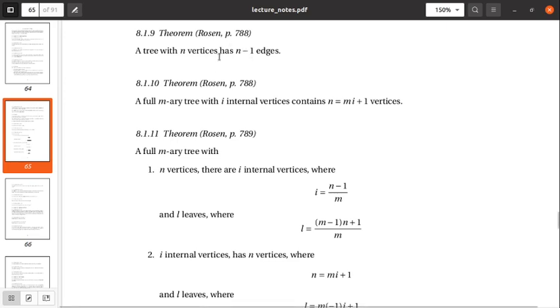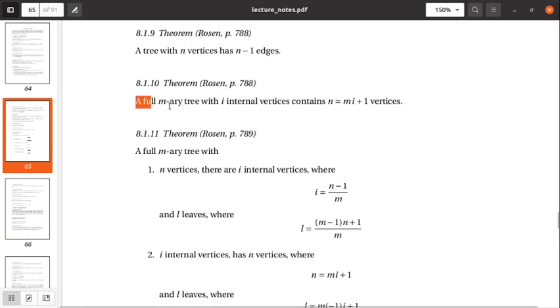And so if you add another one, then you'll add one vertex and one edge to join it to the tree, regardless of which node you join it to. And so this is inductively maintained, that in order to get to n vertices, we had to add n minus 1 edges. And we began with one vertex and 0 edges. So that we always have one more vertex than edges. Okay.